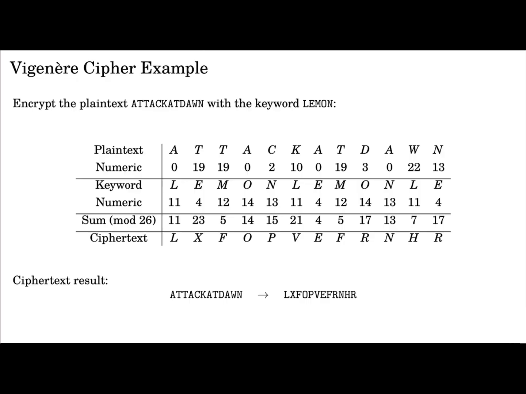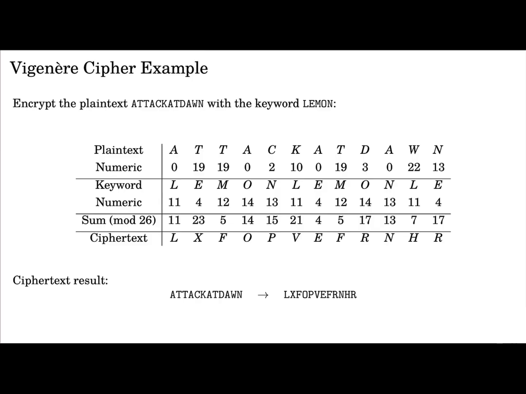For example, the letter A here becomes an L, but when the letter A appears again, it's now an O. When it appears again, it's an E. When it appears here again, it's an N. So it's not as easy to do simple frequency analysis on this.